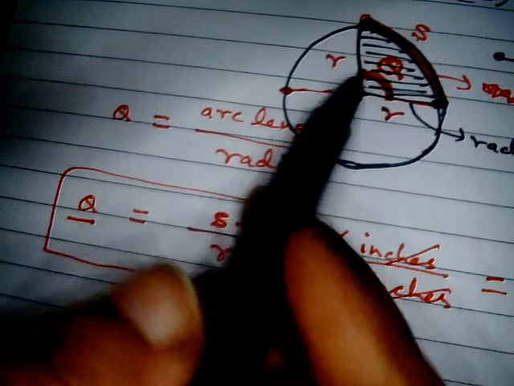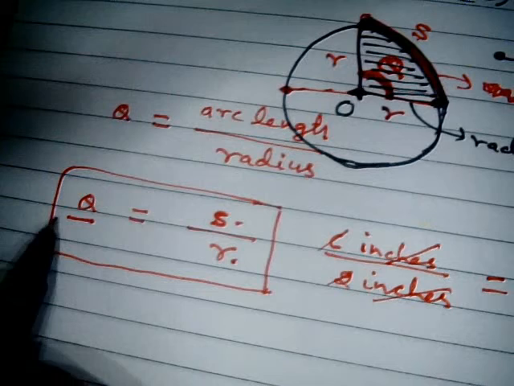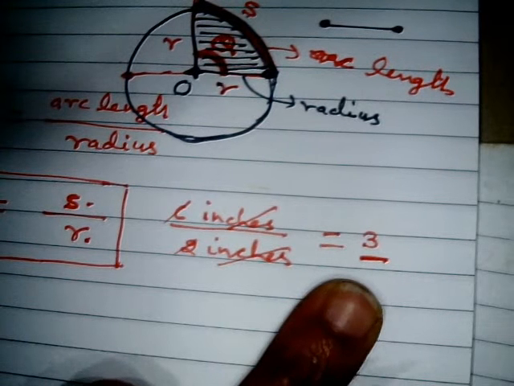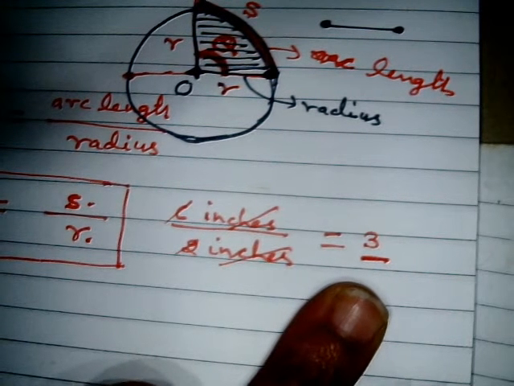So theta is unitless over here, which means we have represented theta in radian.